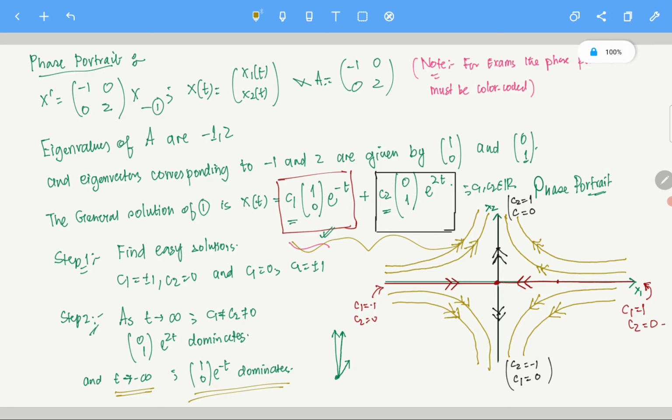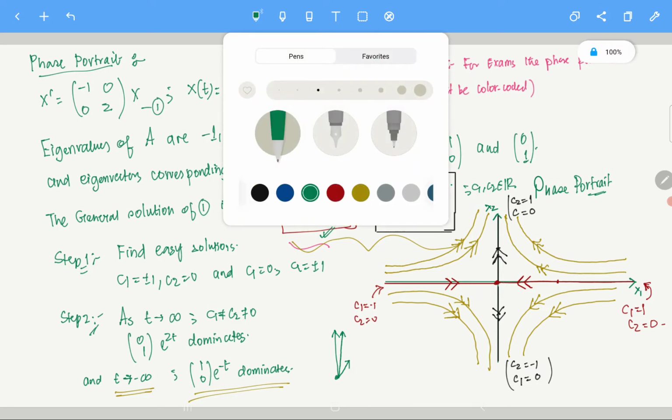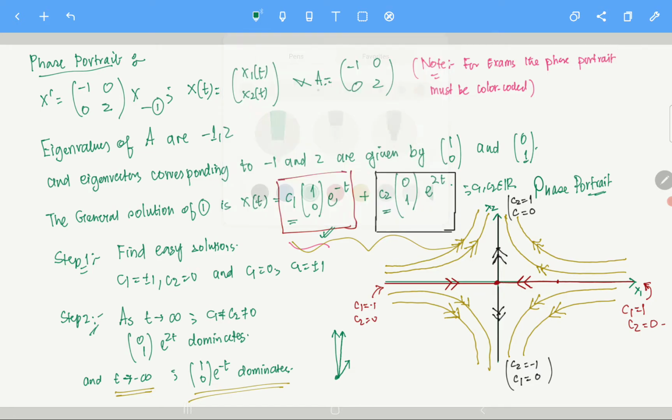One very important thing here: what do you call this sort of situation? See, in the x1 direction, if you are moving, it is going towards the origin, so basically towards the equilibrium point. And along the x2 axis, it is going away from the origin.